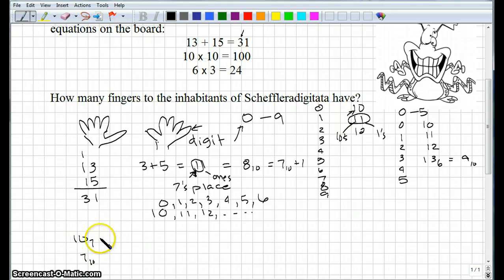All right. So 10 times 10 in base 7 is 100, just like it is in base 10, but it's okay. So if we were doing this in base 7, this would be 7 times 7, which is 49. So let's take a look at the place values here.